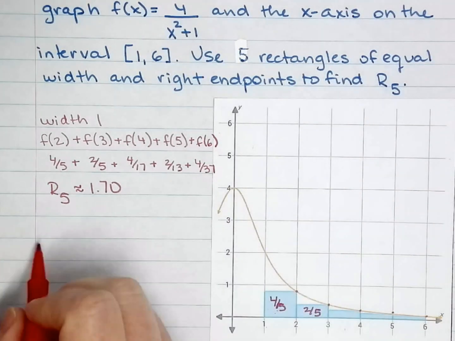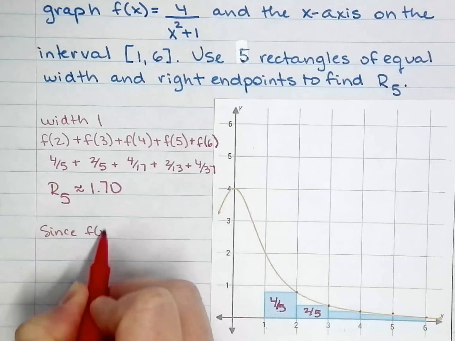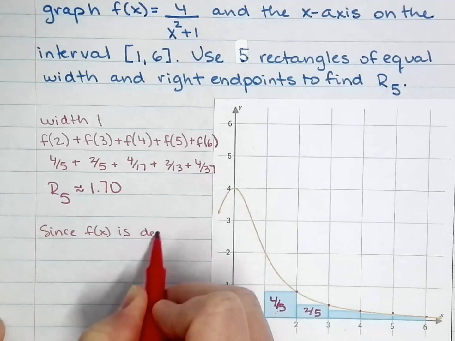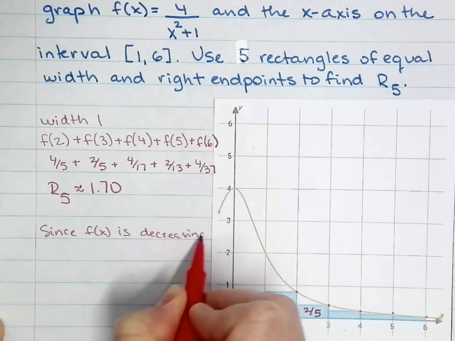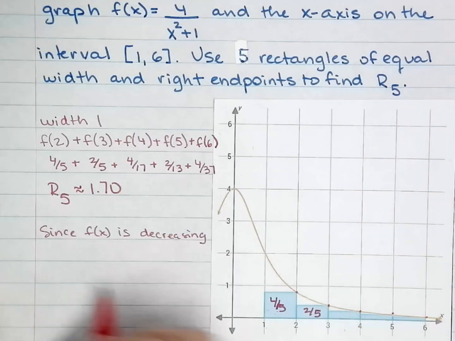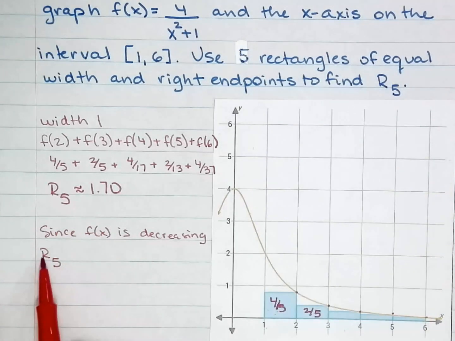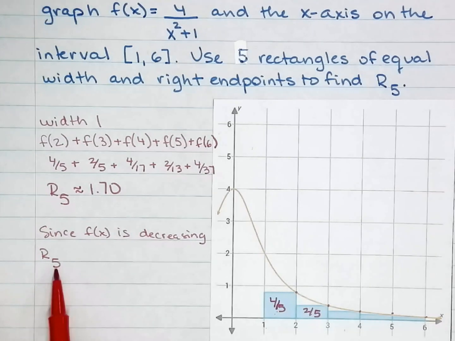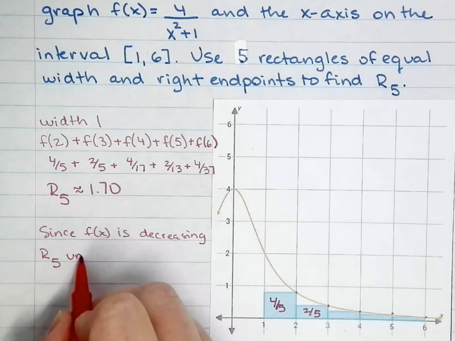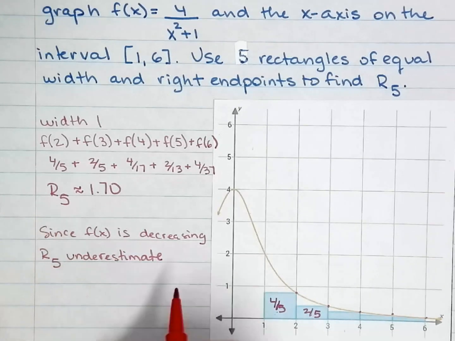So since f of x is decreasing between that interval, between 1 and 6, then R5, with the right endpoints, 5 rectangles, will underestimate the area under a curve.